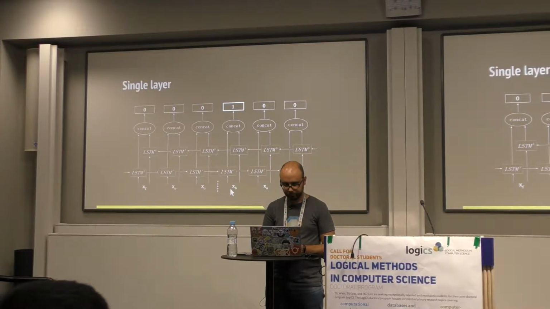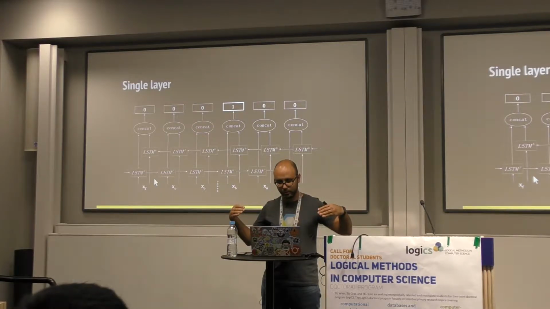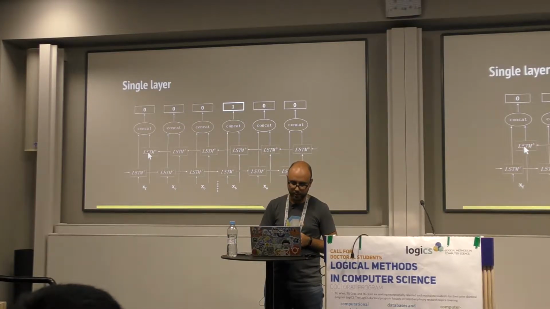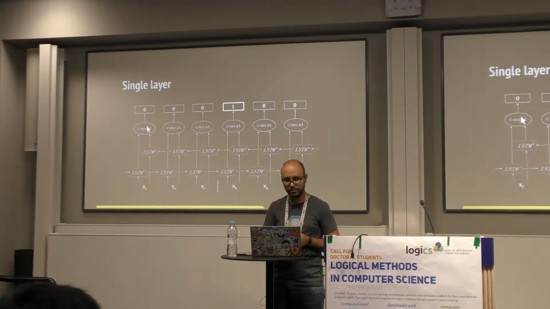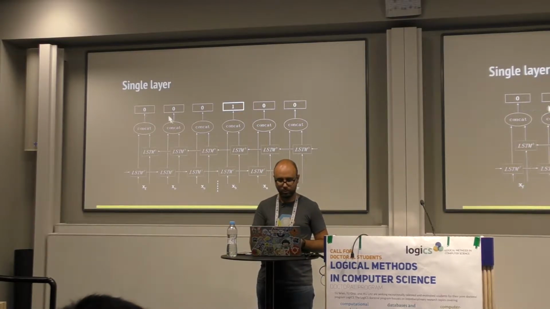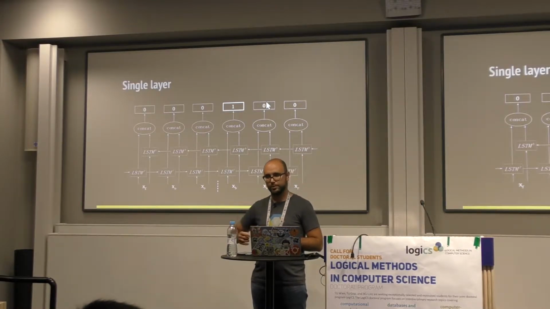And you have 2 LSTM layers which go in front of each other. So one from left to right, one from right to left. And at every position, you concatenate the output of the corresponding cells. And then you predict if it's 0 or 1. So once you read the whole sequence in both directions, you predict 0 or 1 at every position.